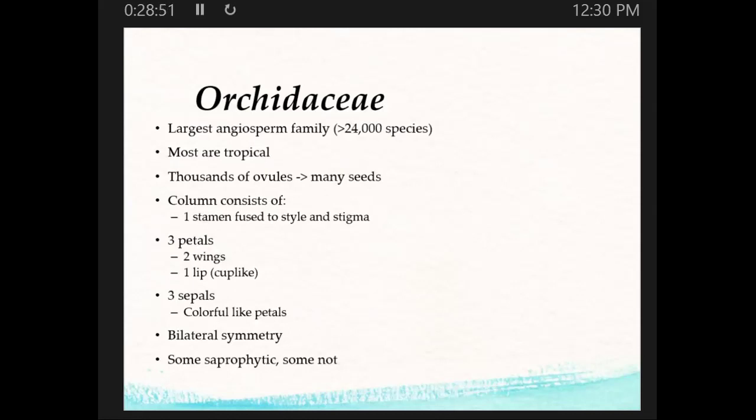And when you look at orchid flowers, they're probably one of the most ornate and diversified flower types out there. They vary in their morphology tremendously, and a lot of it has to do with human intervention, with breeding and tissue culture groups.